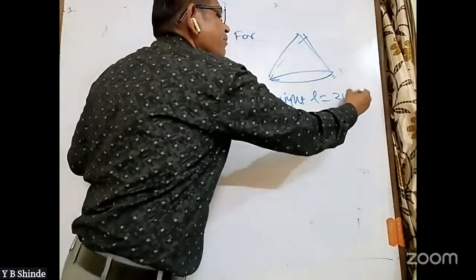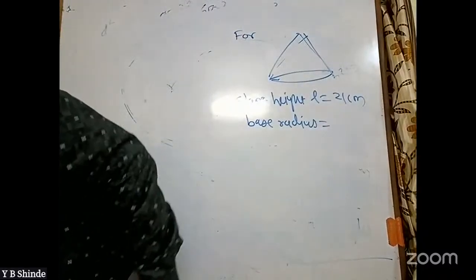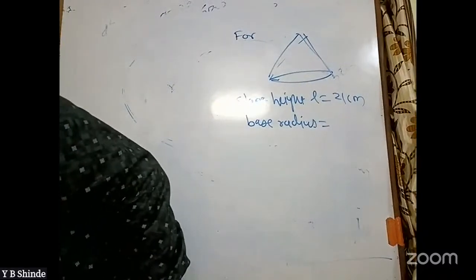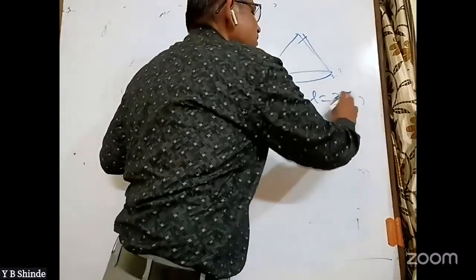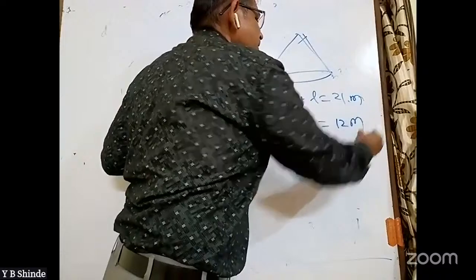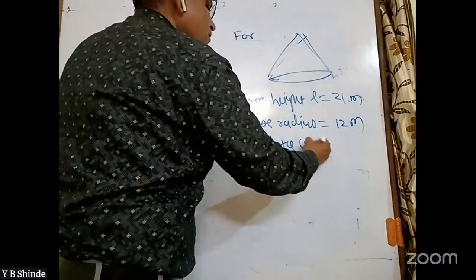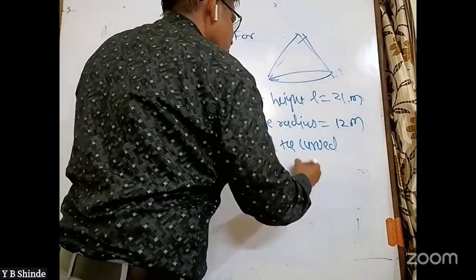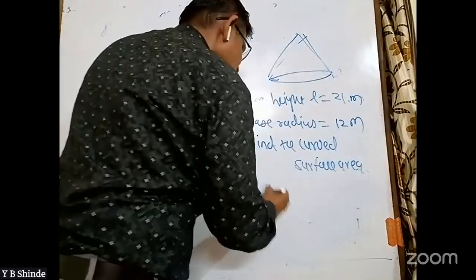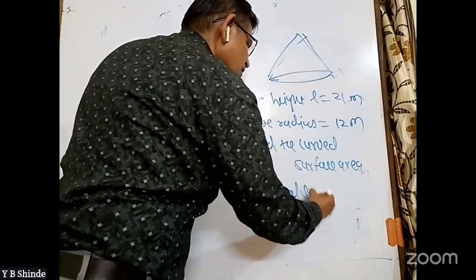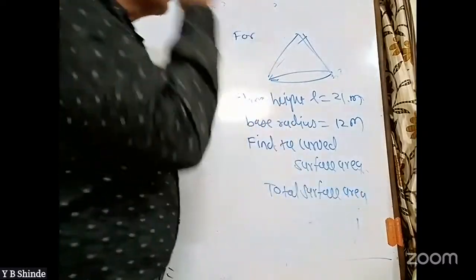Slant height is 21 centimeter, and base radius is equal to 12 centimeter. Then find the curved surface area, and also the total surface area.